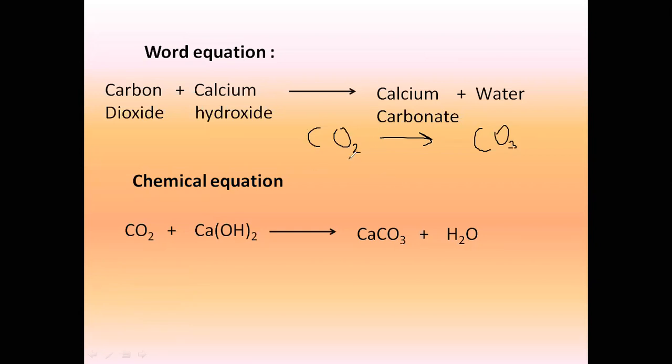CO2 does not have any valency, it's a stable compound, but CO3 is having valency 2 and charge is negative. So CO2 in the product becomes CO3. अभी CO3 मैंने क्या बोला, इसका चार्ज है माइनस, राइट, और वैलेंसी कितना है 2.